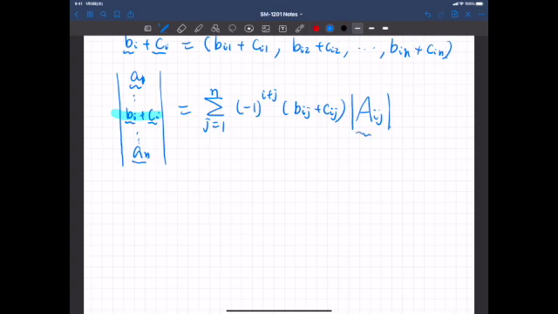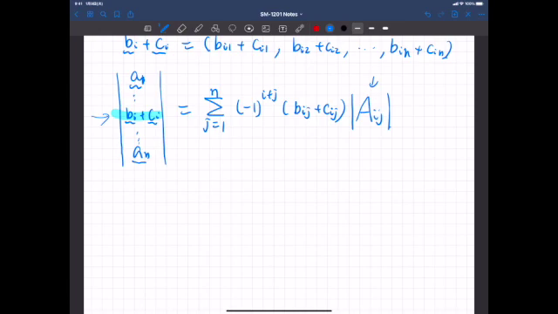Okay, this A_ij means the matrix from which the ith row and the jth column are removed. So that means this matrix does not contain this row.